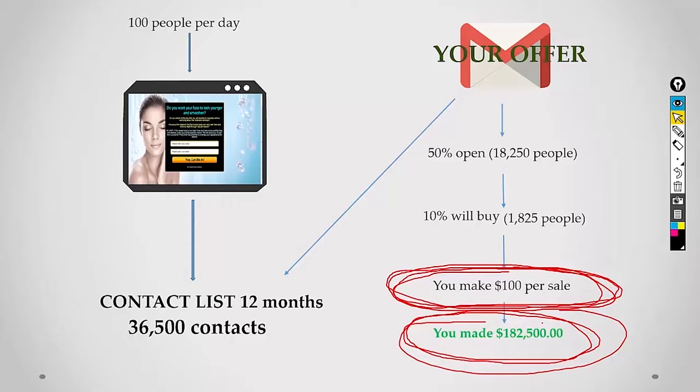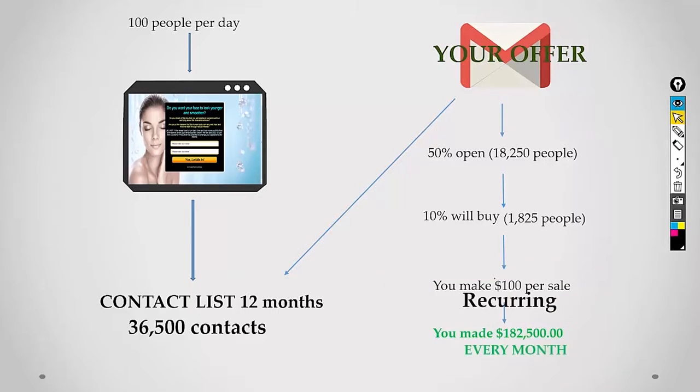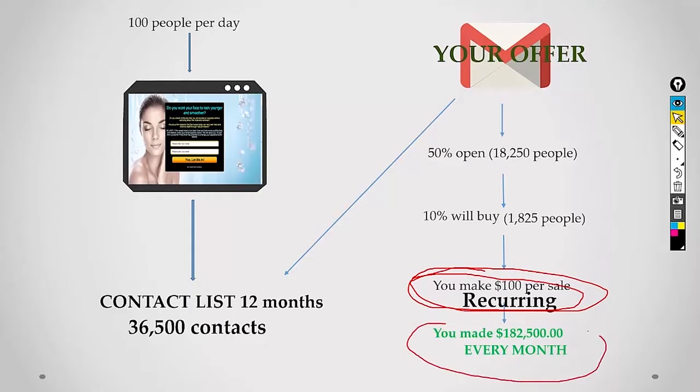You sell some type of membership, some type of subscription. So again, let's imagine this scenario, but this time you make $100 recurring commission. In that scenario, you made $182,500 that you're going to get paid on today, and you're going to get paid on that every single month for as long as those people stay a member of your service, whatever it is.